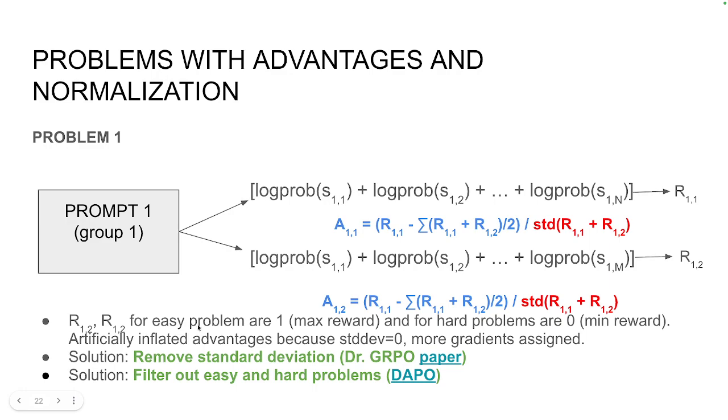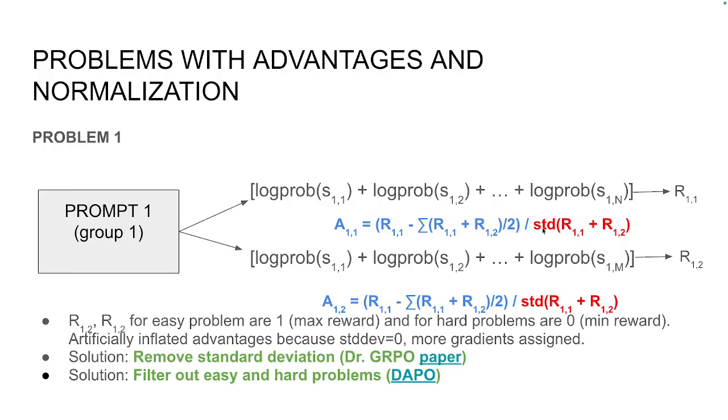When the problem is easy, all your completions are going to get it, and all of your rewards will be 1, or the max reward that you can achieve. And on the alternate, if all the problems are hard problems, all of your rewards will be the same, and this leads to the standard deviation being 0.